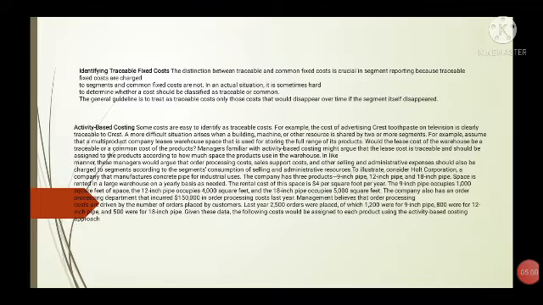Last year, 2,500 orders were placed, of which 1,200 were for 9-inch pipe, 800 were for 12-inch pipe, and 500 were for 18-inch pipe. Given this data, the following costs will be assigned to each product using the activity based costing approach.